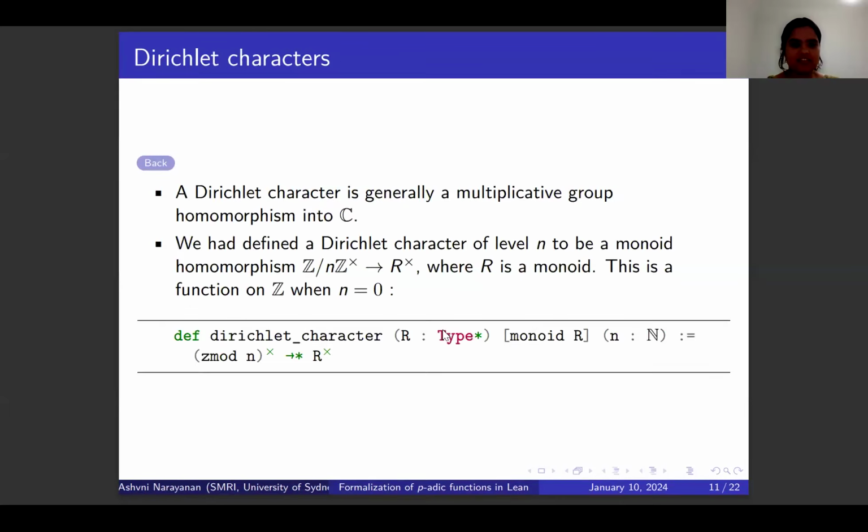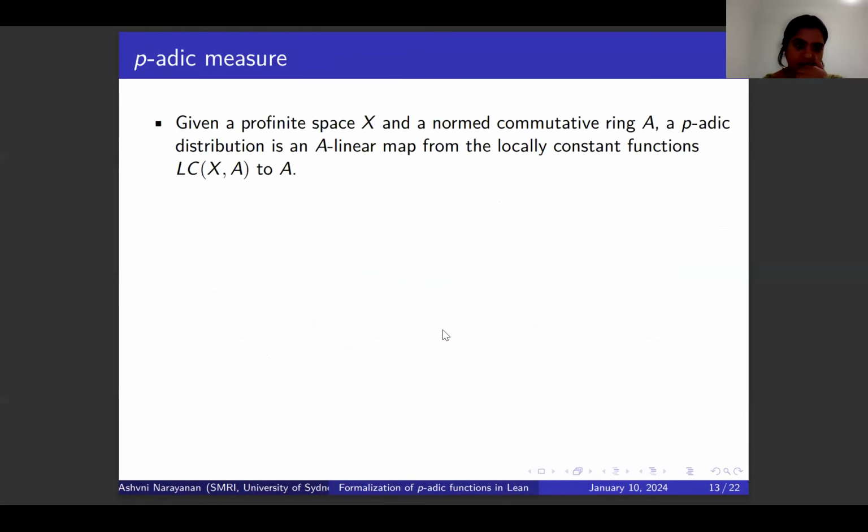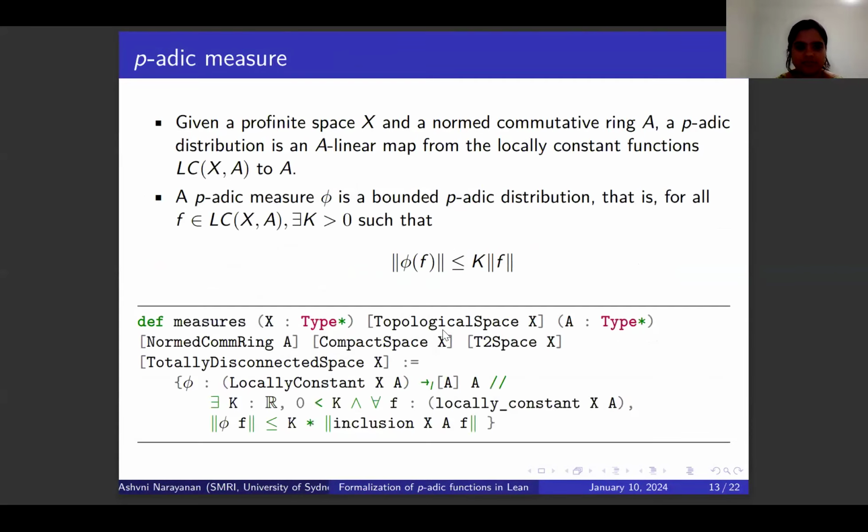Then I'll tell you a bit about p-adic measures. So a p-adic distribution is simply a linear map from the space of locally constant functions of a profinite space to the image, which is in a normed commutative ring.